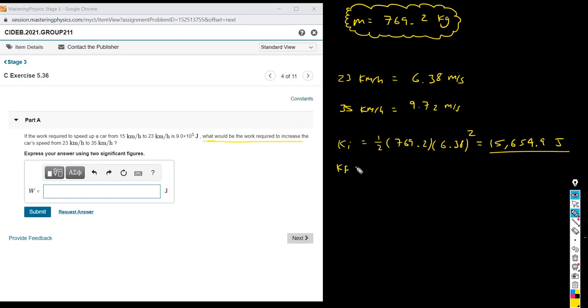Now the final kinetic energy of the car will be the one when we use this final velocity. It's going to be pretty much the same. 1/2 times the mass of the car times the final velocity of the car squared. I'm ignoring the units. Let's calculate all of this value, guys.